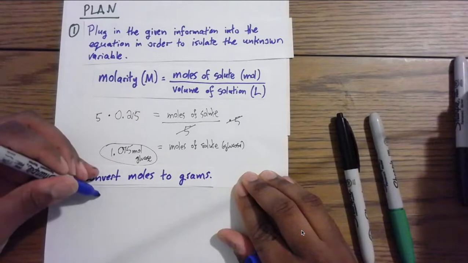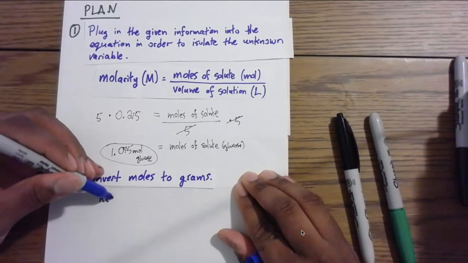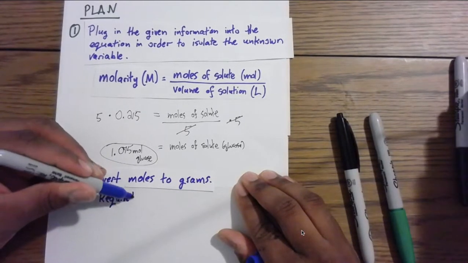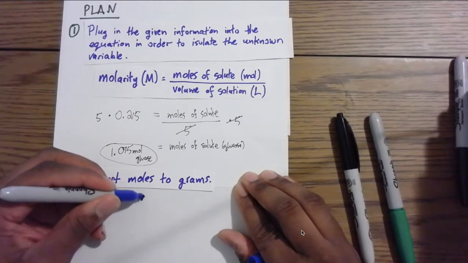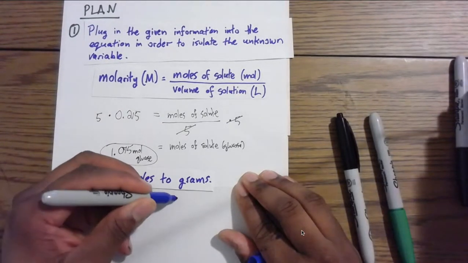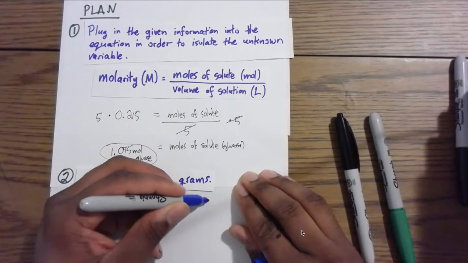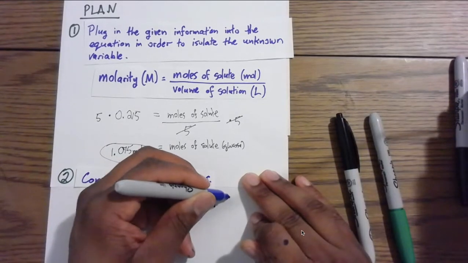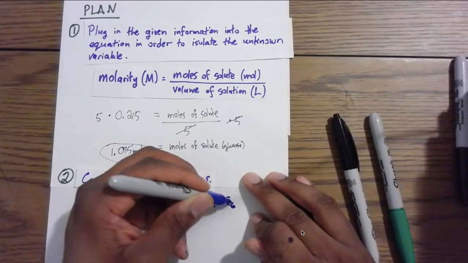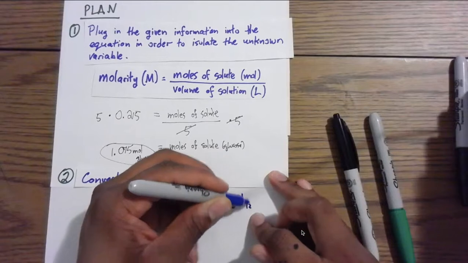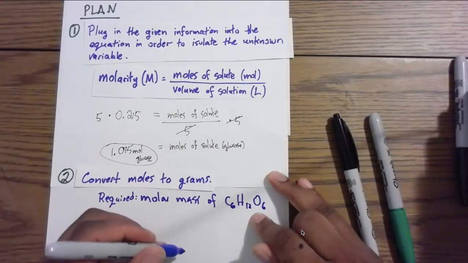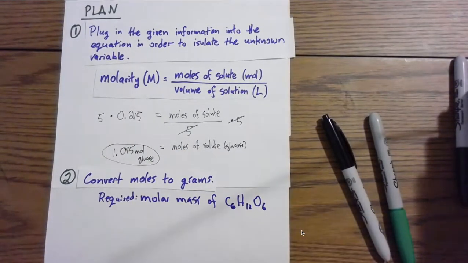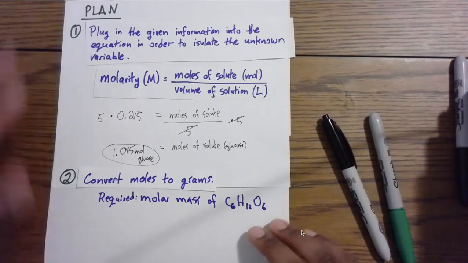That's what's required for the second step. The molar mass of glucose, C6H12O6. That's the chemical formula for glucose.